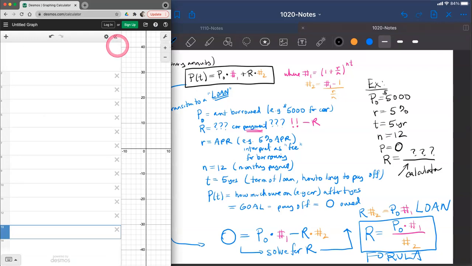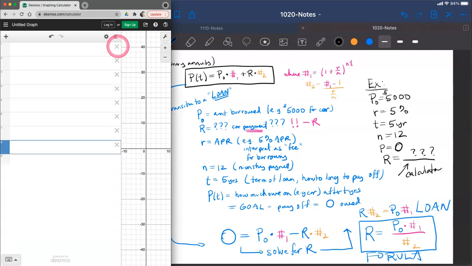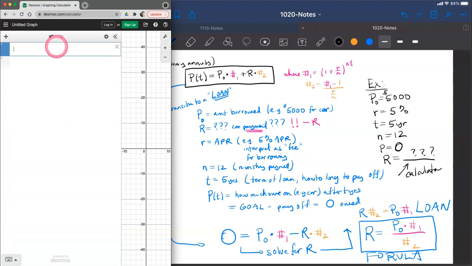Okay, so I'll go through the same method. Let's take a look. We need to take all of our numbers and find number 1. This is equal to 1 plus the interest rate, the fee that was being charged for you to borrow that money. That was 5%. The interest rate per period is going to be 5% divided by 12.